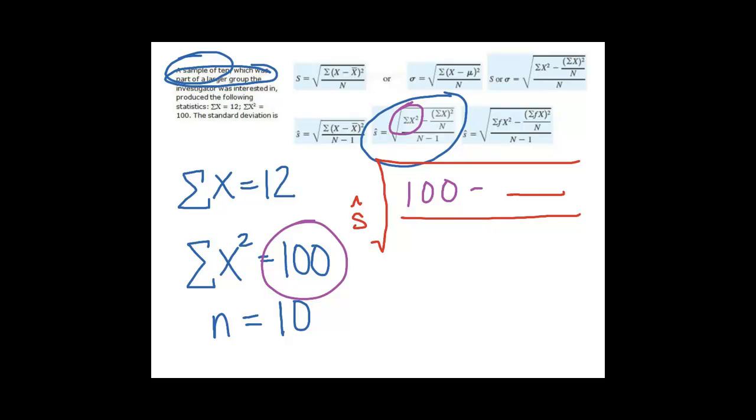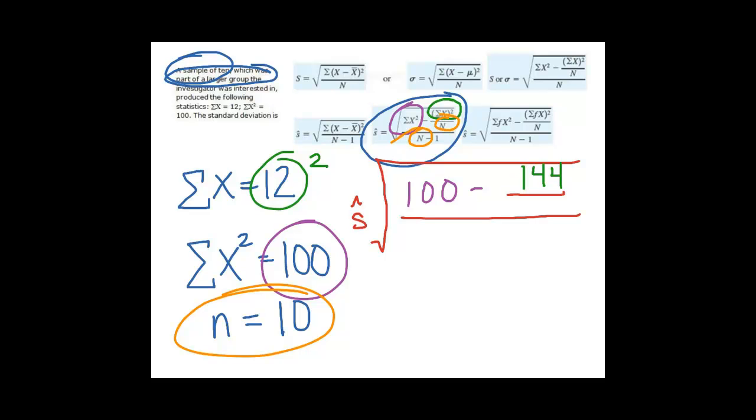Then I need to subtract, and then on the top of this fraction, we need the sum of the scores squared. The sum of the scores is 12. 12 squared is 144. The problem has an n of 10, so 10 will go in 2 places. First underneath 144, and then on the very bottom is 10 minus 1. And I forgot the little equal sign. There we go.